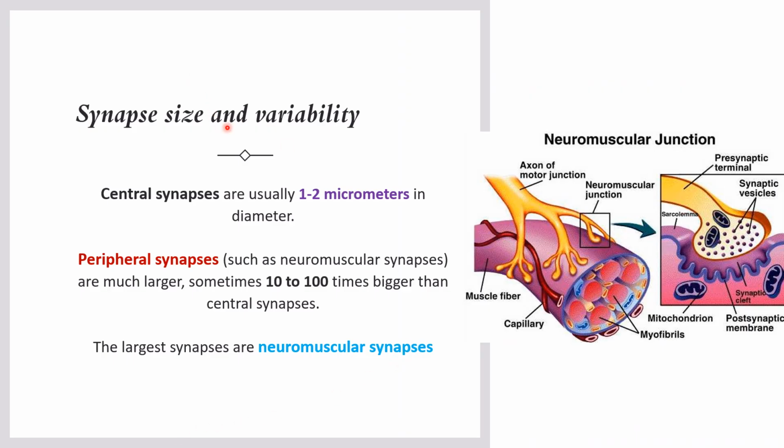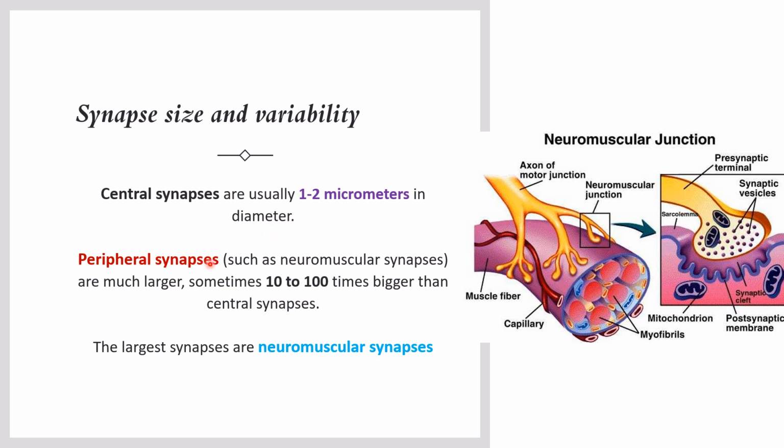Some facts about synapse size and variability. The central synapses, or the synapses that we can find in the brain or spinal cord, are usually 1 to 2 micrometers in diameter.